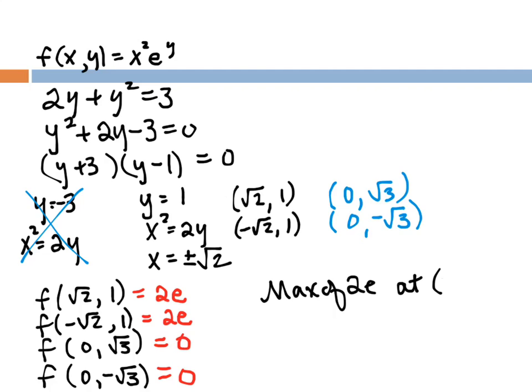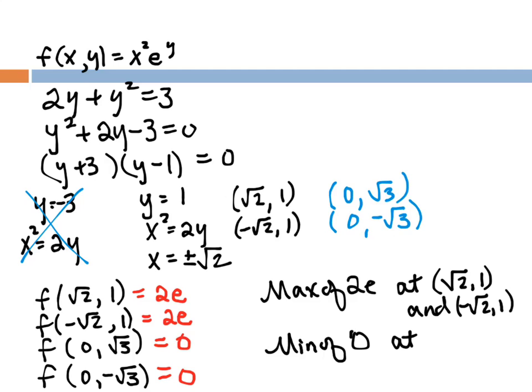At (square root 2, 1) and (negative square root 2, 1). And then I have a min of 0 at (0, square root 3) and (0, negative square root 3).